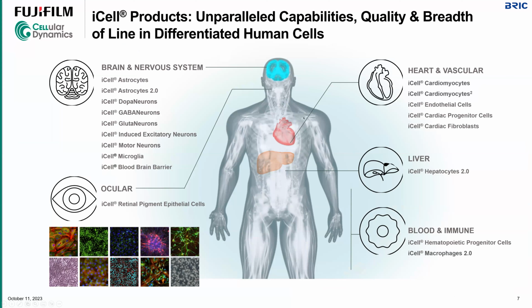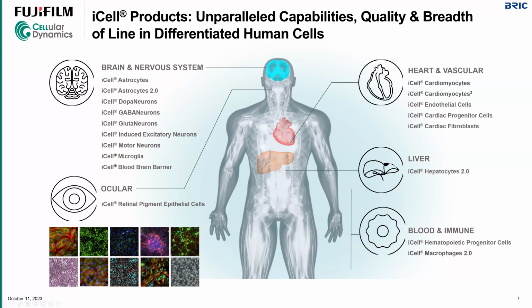With regards to the brain and nervous system, we have a number of different wild type and disease models focusing on glial cells like astrocytes and microglia, but also the blood-brain barrier, and a wide array of neuronal cell types like GABAergic neurons, dopaminergic neurons, glutamatergic neurons, motor neurons, our newest addition of induced excitatory neurons, which are a very cost-efficient solution for screening, and more to come, and actually sensory neurons as well. This is something I will mention in a moment as well.